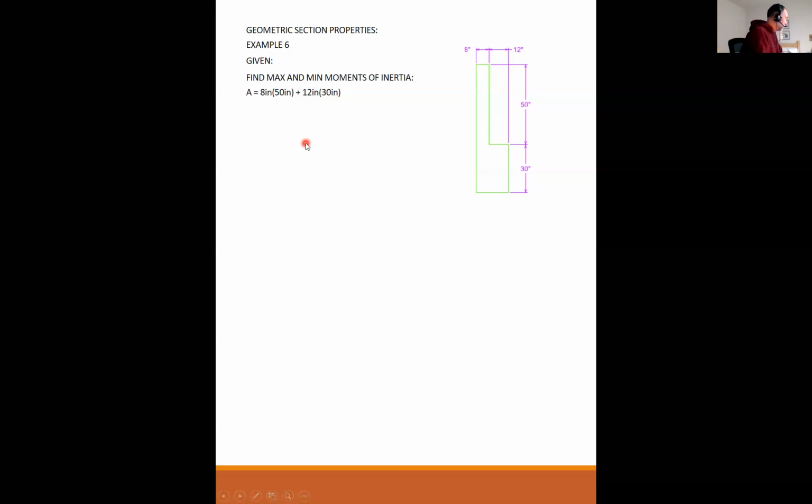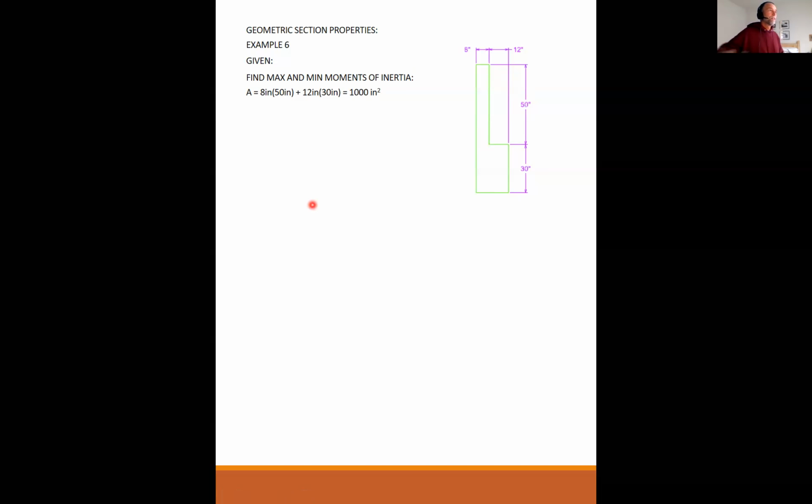And I just found my first typo. Oh, that's great. This piece is 8 times 50. This piece is 20 times 30. This is slide 279. And I got 1,000.